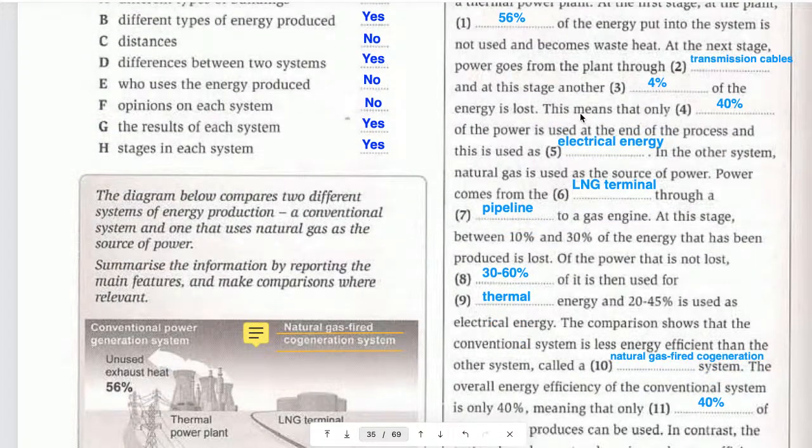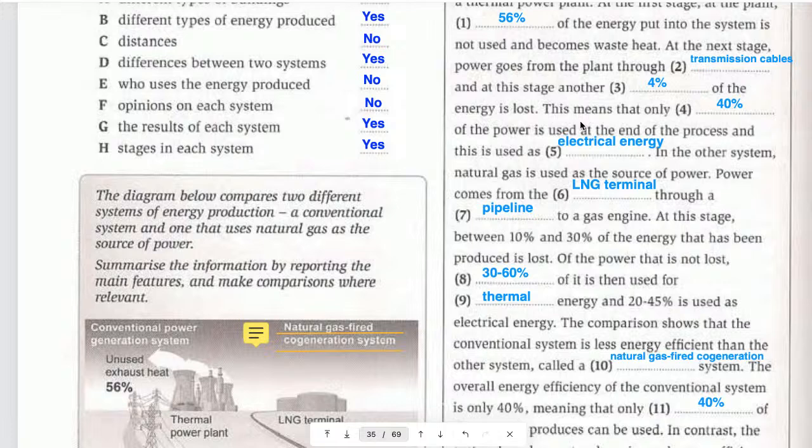Alright, next one. This means that only 40% of the power is used at the end of the process, and this is used as electrical energy. Yes, okay. So the answer for number 4 is 40%, and number 5 is electrical energy.